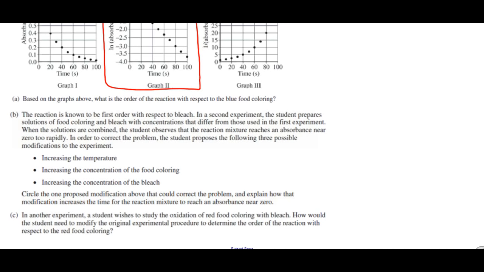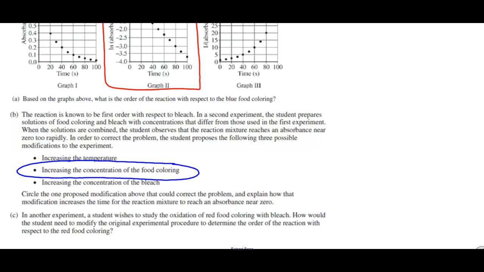Well, if you understand the problem, it's bleach that is reacting, and we are testing the absorbance that the food coloring has. So if it's reaching zero too quickly and we can't test it, that means we don't have enough of our food coloring to test its absorbance.